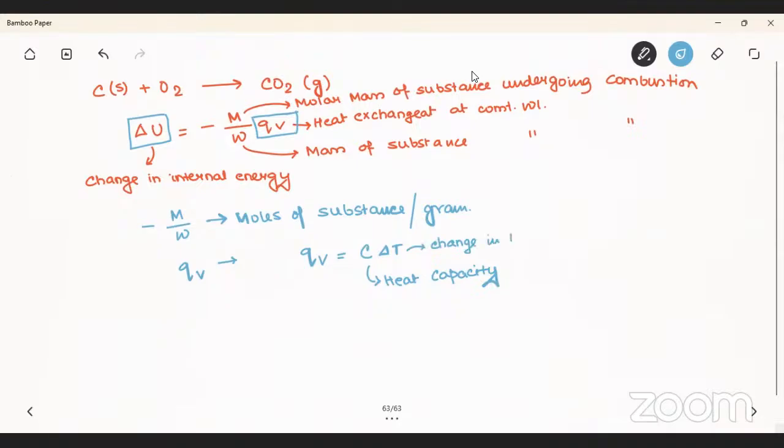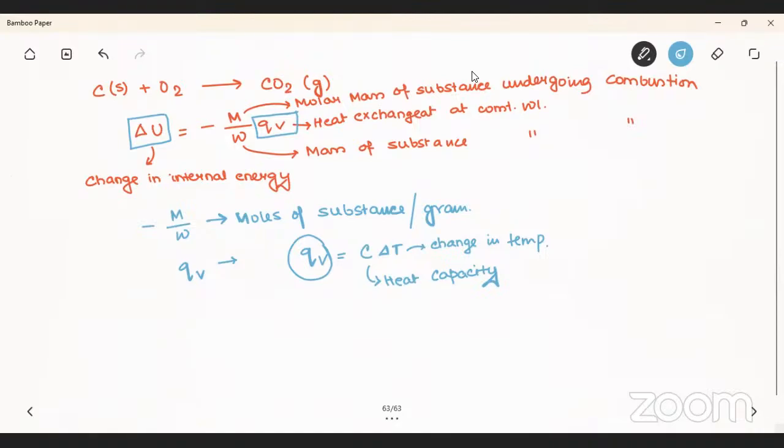This is the same QV we are using here. And delta U is the change in the internal energy, which is the total energy of the system.